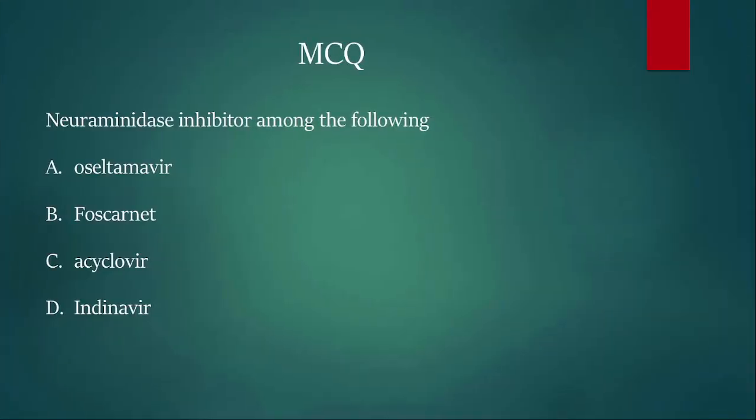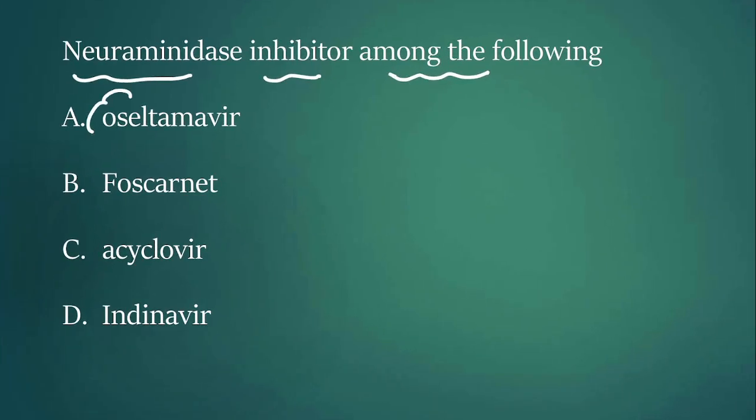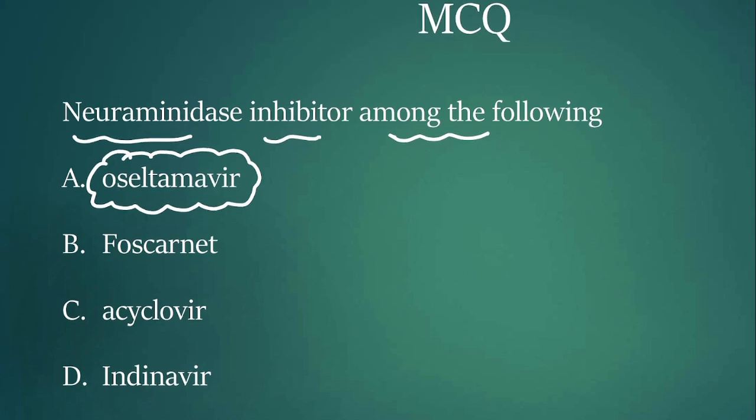MCQ. Neuraminidase inhibitor among the following is. Option A, oseltamivir, foscarnet, acyclovir, indinavir. Please answer. Yes, your answer is oseltamivir. Frequently asked question. Now, oseltamivir is a neuraminidase inhibitor. What is the role of neuraminidase?